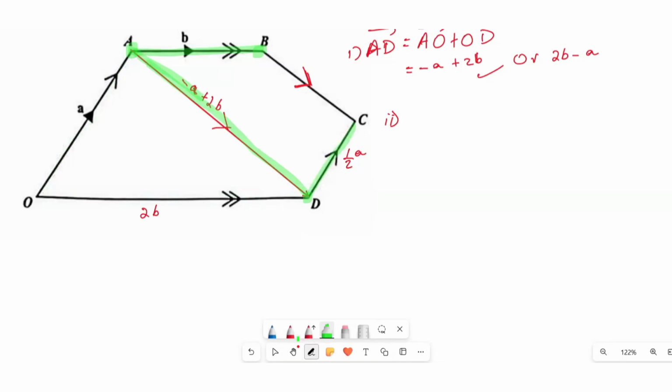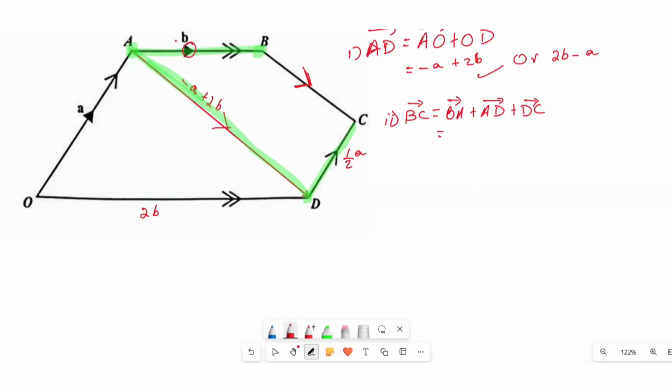So let's set it up. I want to do BC. So it means then I'm going to move from B to A plus A to D plus D to C. Now, BA, notice the arrow.